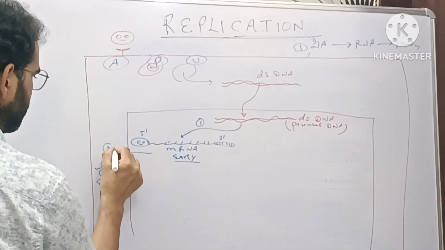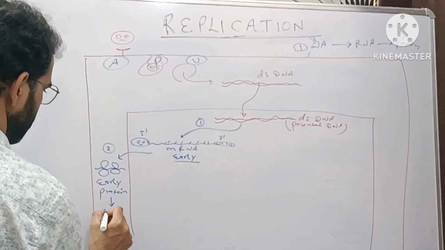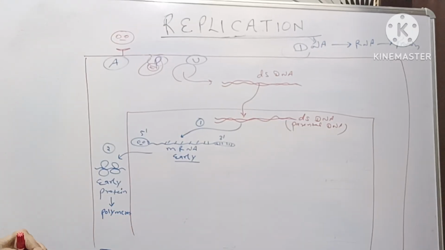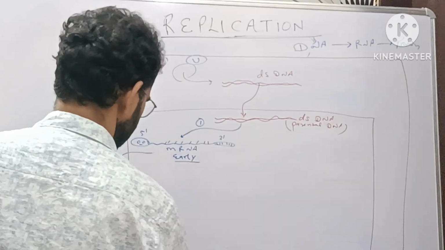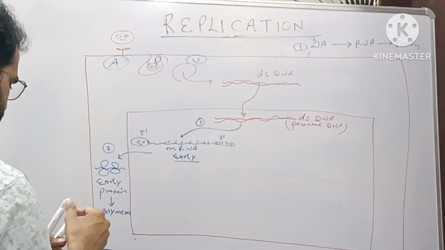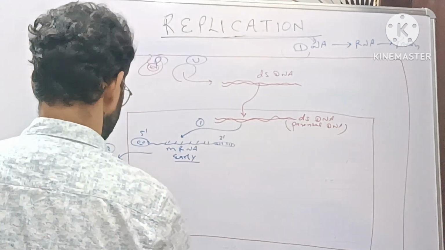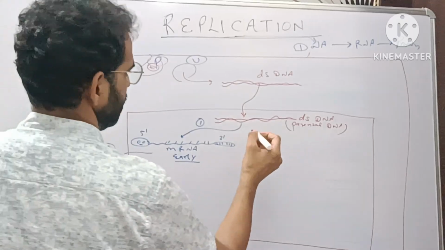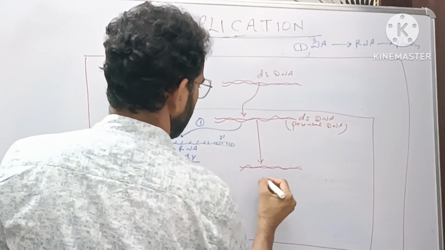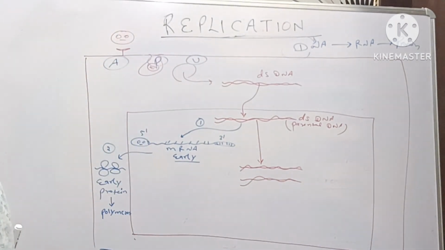This is step 2. And these early proteins are nothing but polymerase enzymes. After this, step number 3 is that this polymerase enzyme acts on this DNA, and the DNA makes multiple copies.